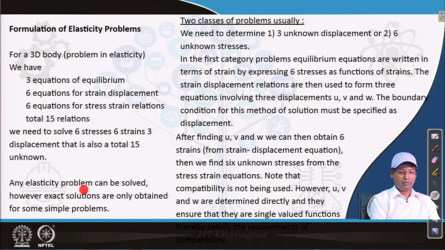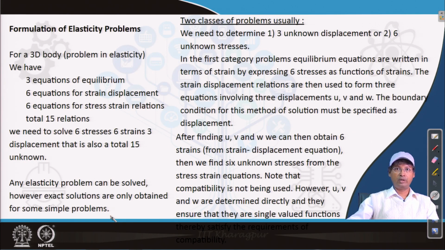An elasticity problem can be solved, however, exact solutions are only obtained for some simple problems. Here lies the key. People have tried a lot to solve all the problems using this mathematical approach, and it is really difficult to do so.